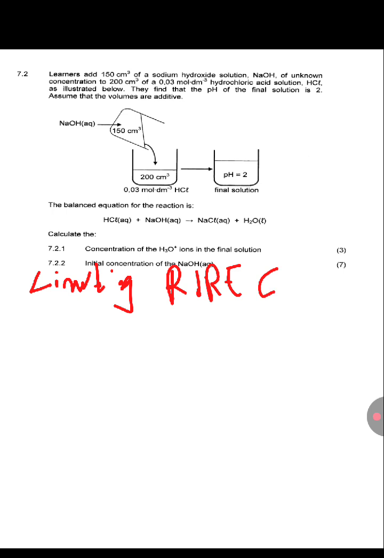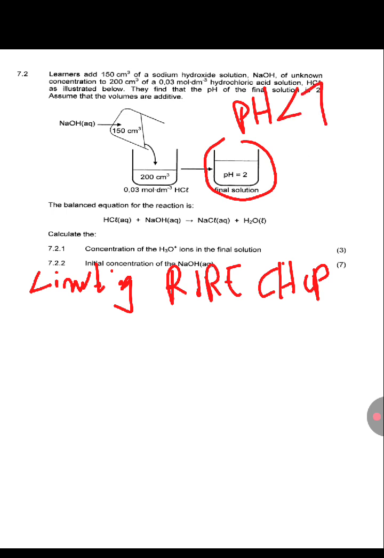Then it's either you CHOP or you COOK, but let's check which one applies to us. This is a pH that is less than 7, meaning this is a pH of an acid. So we are going to follow the CHOP.